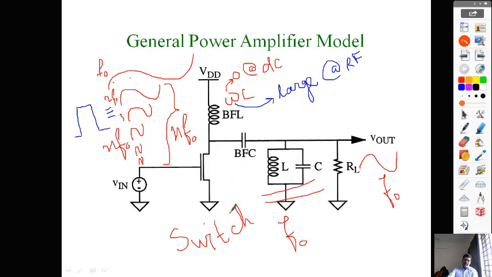Therefore, for switching type circuits, we will use the LC series resonant circuit. So remember, when the active device is operating as a switch, we use a series LC resonant circuit. Suppose the active device is operating as a current source, then we can use an LC parallel tank circuit to select only the fundamental frequency to be passed through the load.